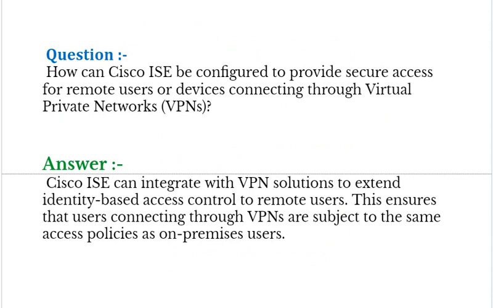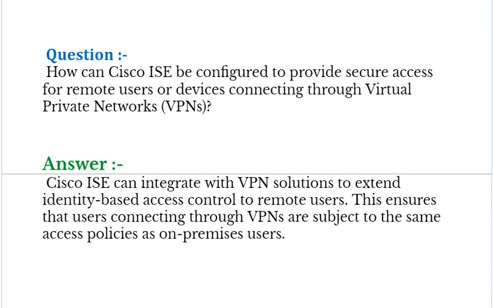Our interview question based on Identity Services Engine is: how can Cisco ISE be configured to provide secure access for remote users or devices connecting through virtual private networks (VPNs)?